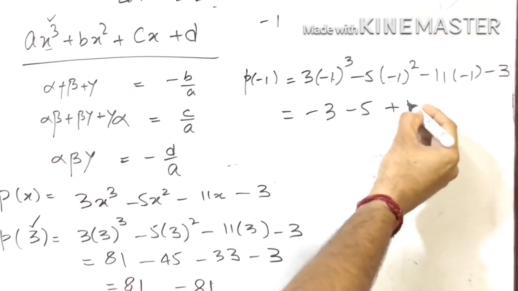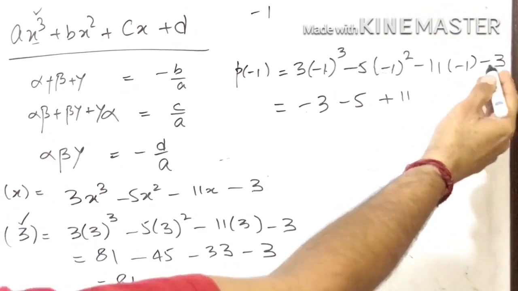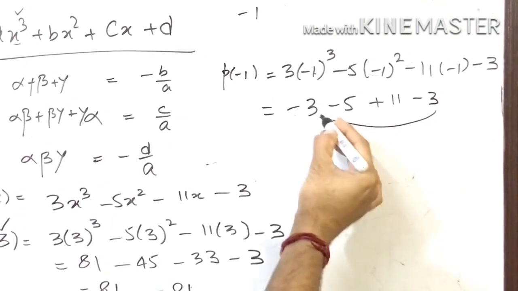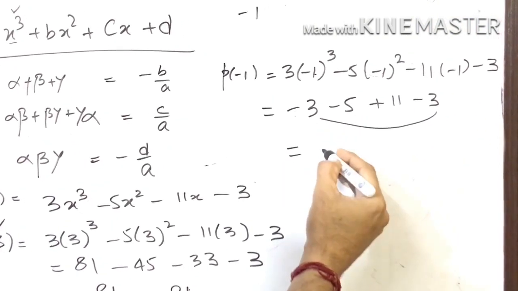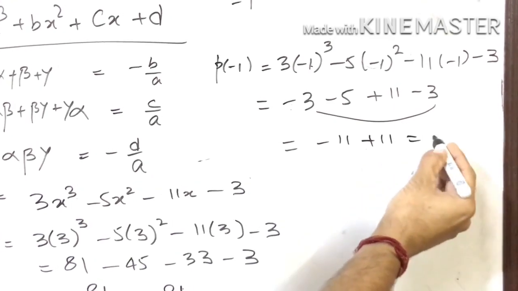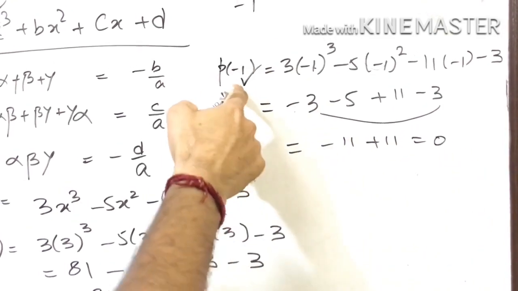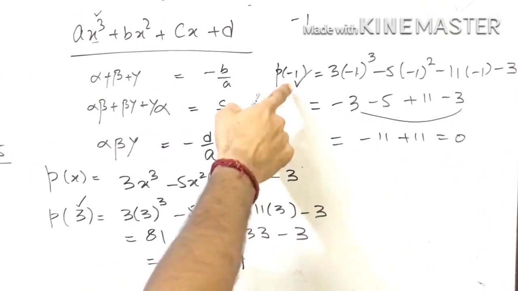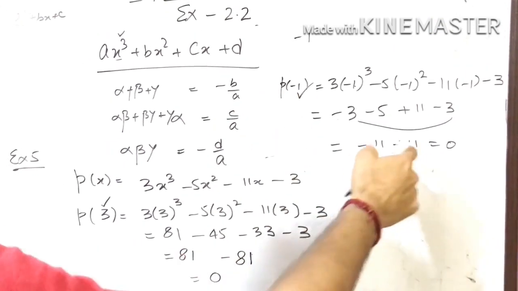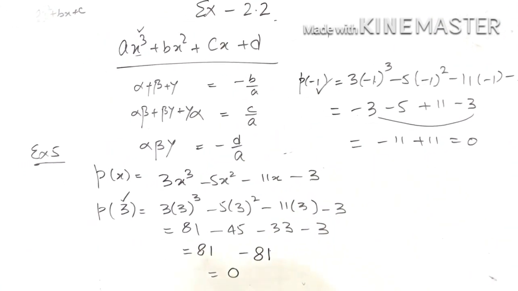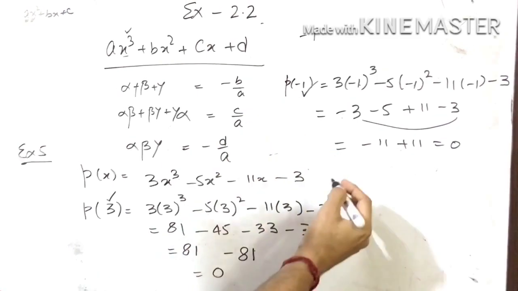Then minus 11 times minus 1 will be plus 11, because minus into minus is plus, and the last is minus 3. You can add these numbers and you will get 0. So again, minus 1 is also a zero of the polynomial, because after putting this in the polynomial you are getting 0.